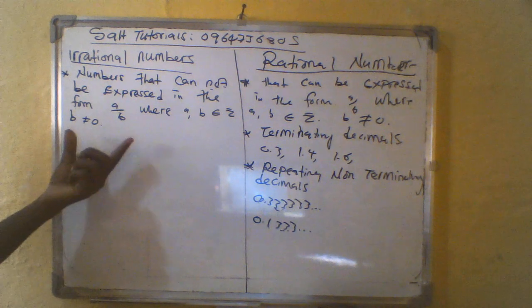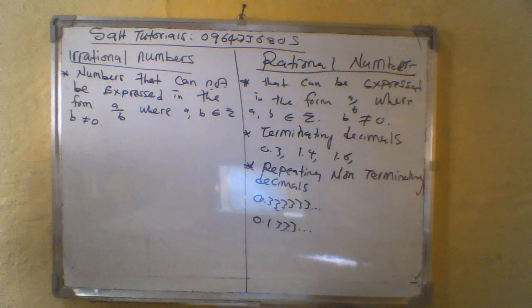So when you look at the characteristics of irrational numbers, it is basically the opposite of those characteristics. So what are irrational numbers?